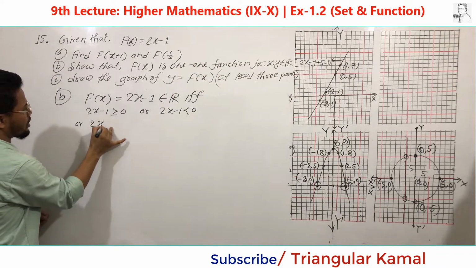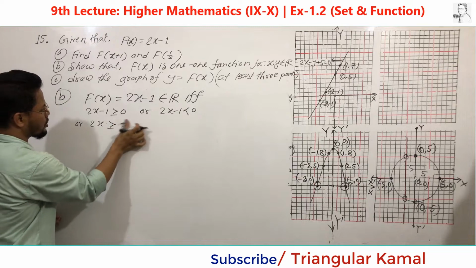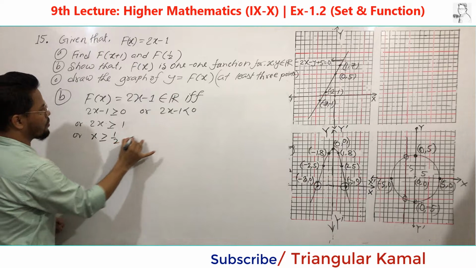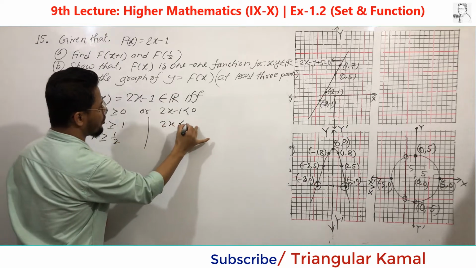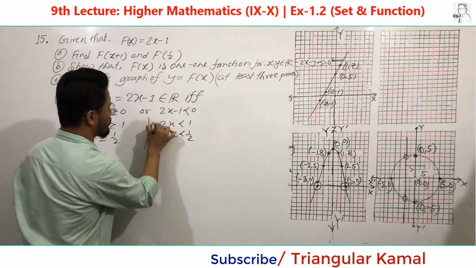Or you can write twice x is greater than or equal to 1, or x is greater than or equal to 1 by 2. Here twice x is smaller than 1, or x is smaller than 1 by 2.